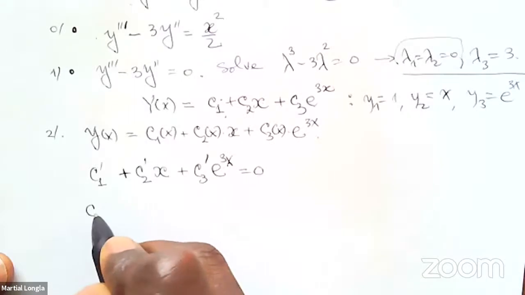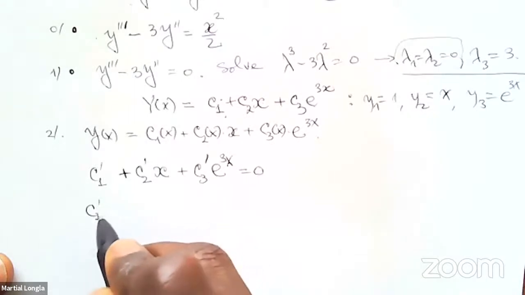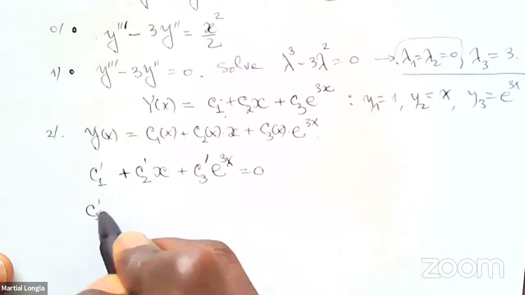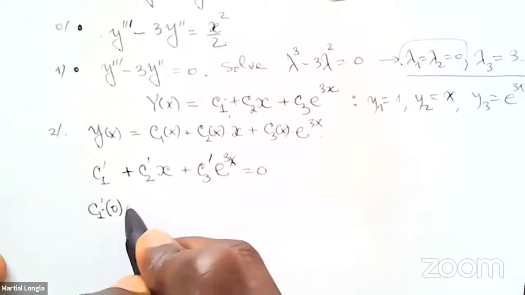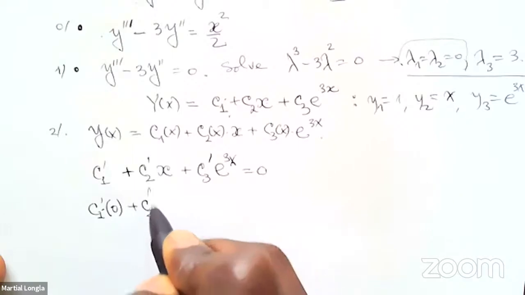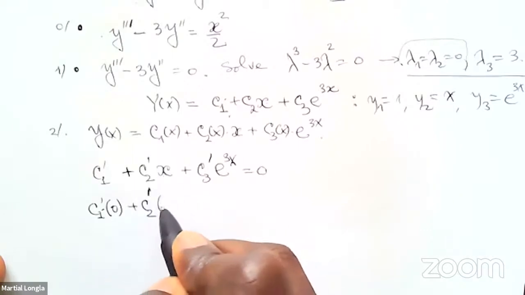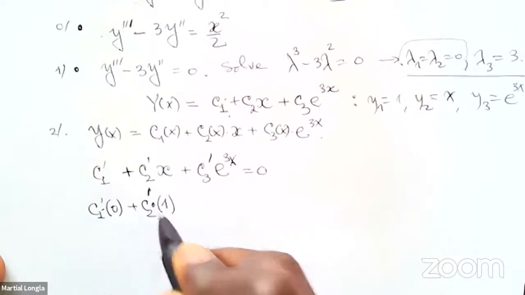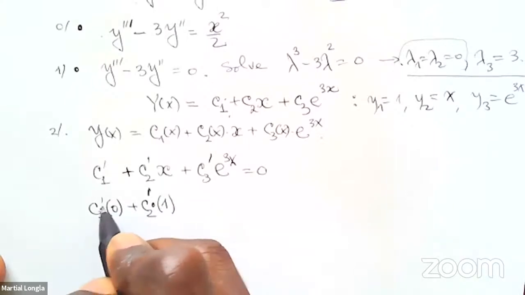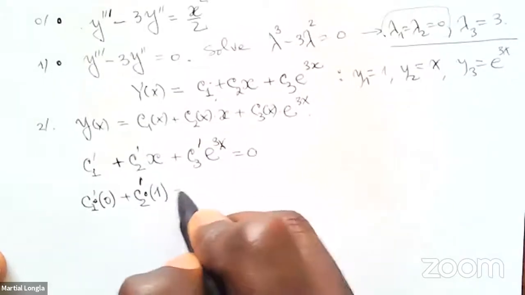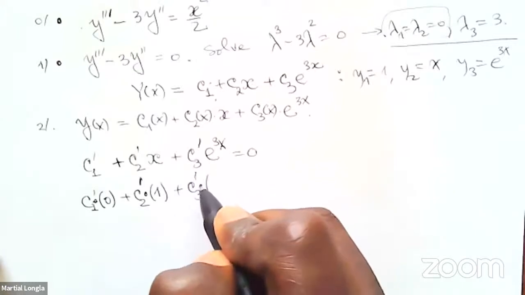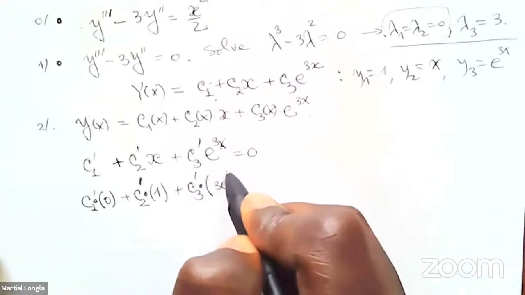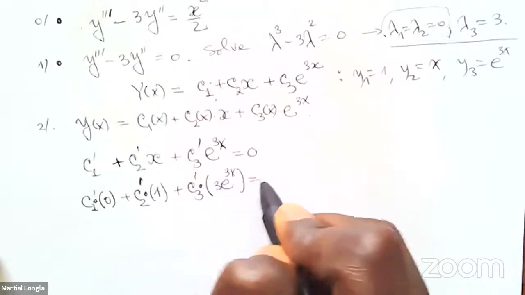Second equation, C1 prime times y1 prime, derivative, that's 0, plus C2 prime times the derivative of x, which is 1, plus C3 prime times the derivative of e to the 3x, that's 3 e to the 3x, equals 0.